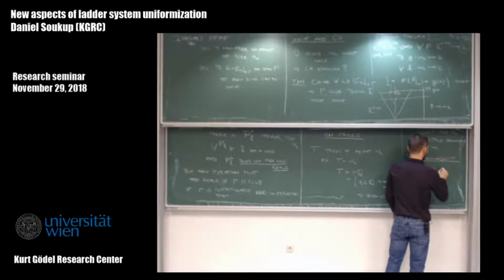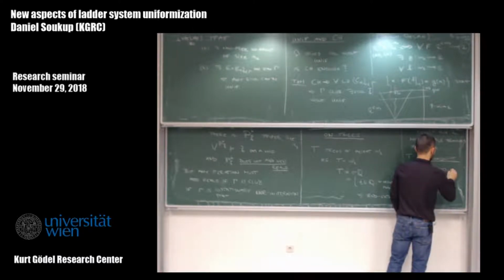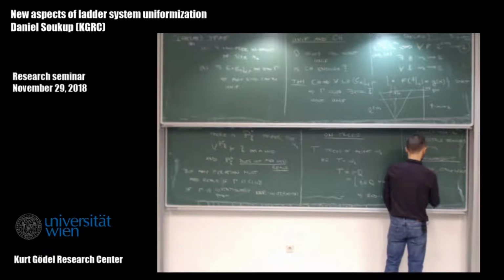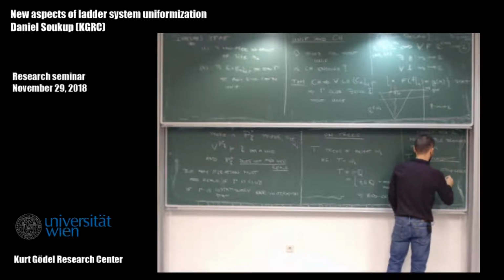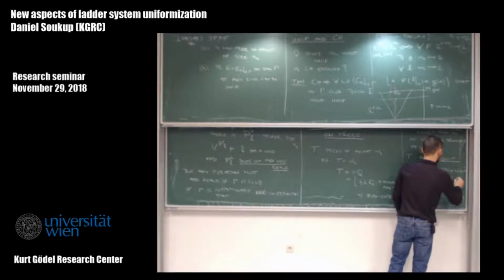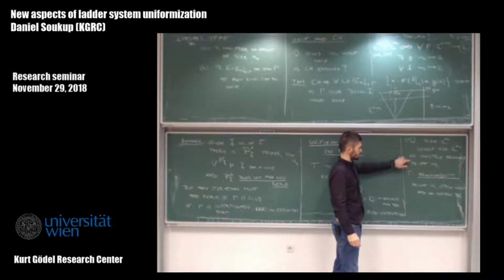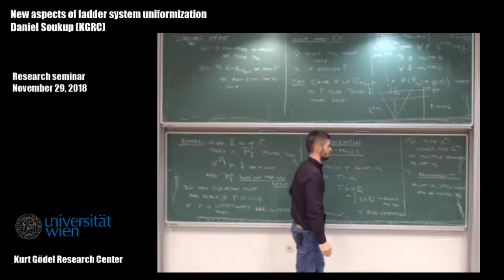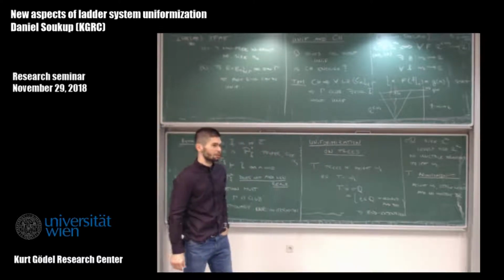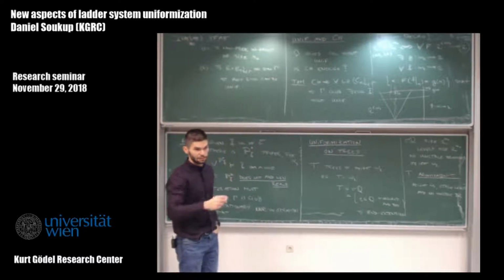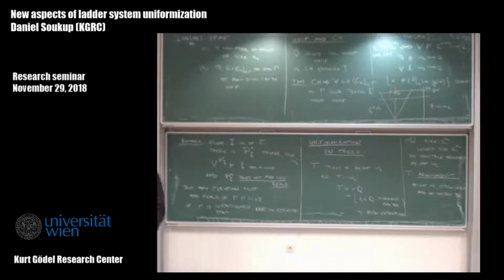Height omega 1, countable levels. So this guy there was not an Aronszajn tree. No uncountable branch, height omega 1, that was good, but the levels are gigantic. So that's why it's not an Aronszajn tree. But it contains a lot of Aronszajn trees. That's the usual place where people found the first Aronszajn trees.